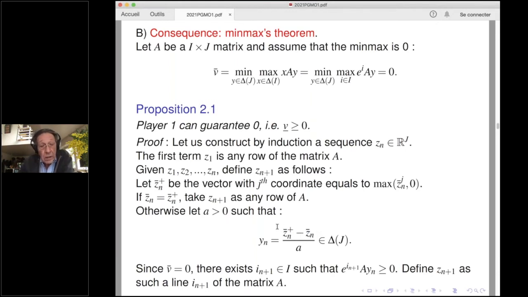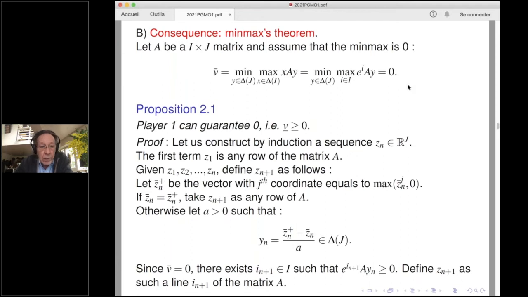Okay, this is positive, always. If the component is positive, this is 0. If the component is negative, this is 0, and minus the component is positive. So this is a vector with positive components, and I divide by n to normalize and to get a point in the simplex.